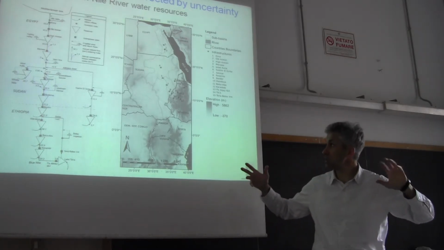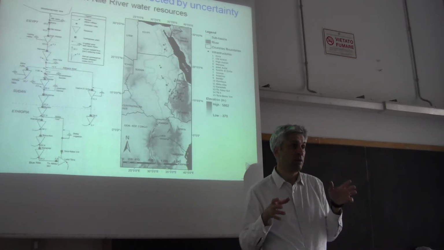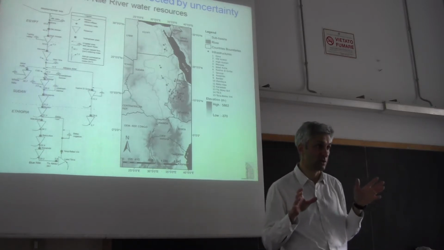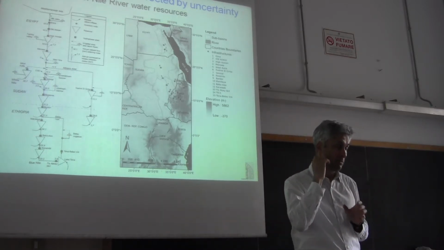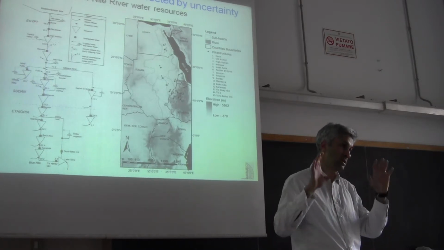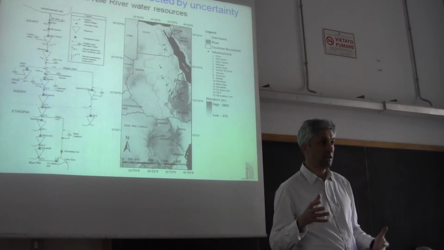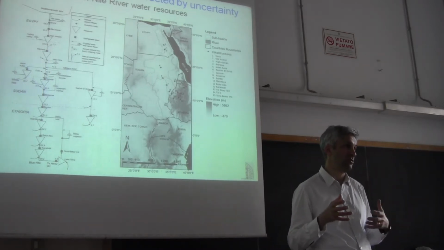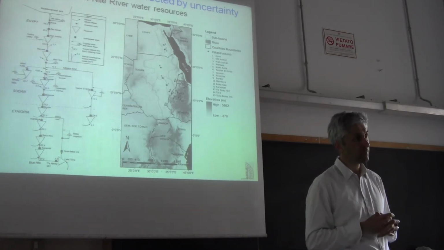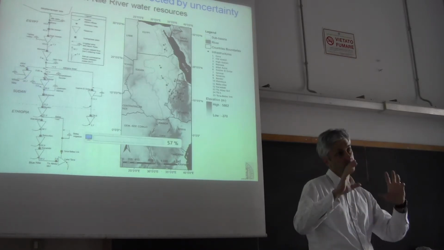And the reason is that when you have a river that is shared by many countries, and we call them transnational rivers, the problem is that the actions taken by one state have an impact on the other states. And the different states have different laws, different needs, and therefore it's clear that the problem becomes more complicated.